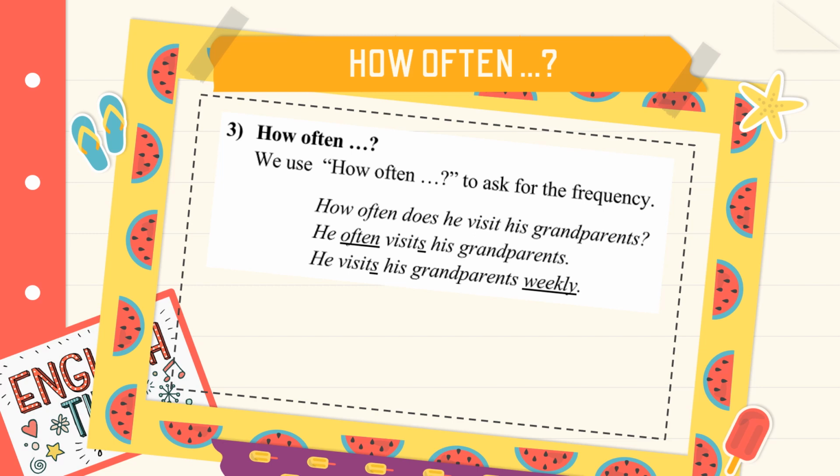Like our examples here. He often visits his grandparents. He visits his grandparents weekly. Like that. Okay? Don't forget to use does and the s because the subject is he. Okay?